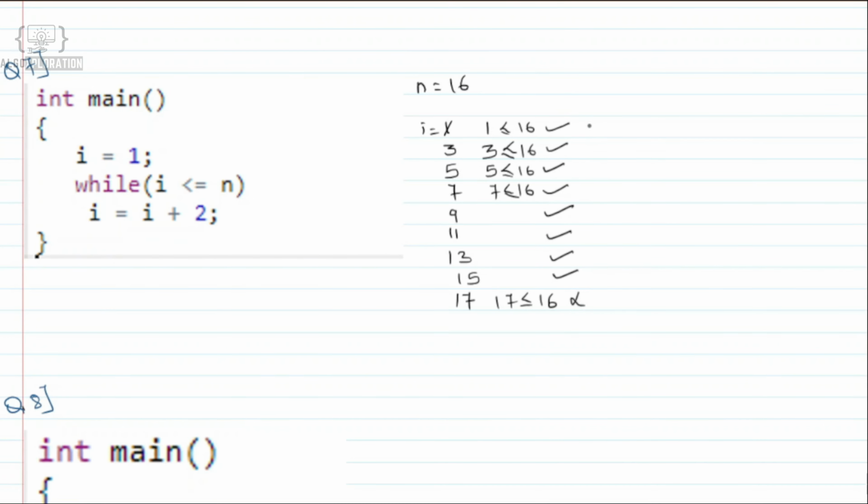Therefore, if we count the number of times this statement is executing when n is 16: 1, 2, 3, 4, 5, 6, 7, 8. 8 times this statement is executing when n is 16. Therefore, we can say that this statement is executing for n by 2 times.